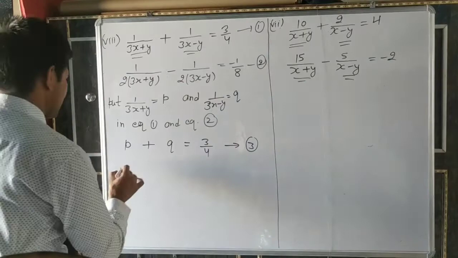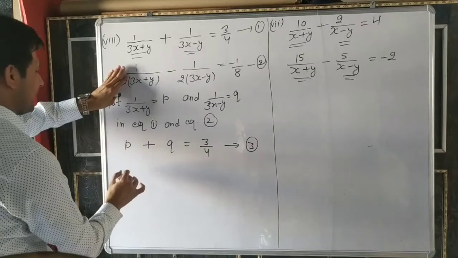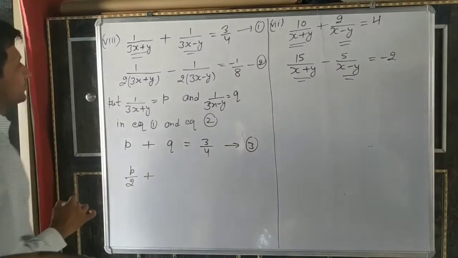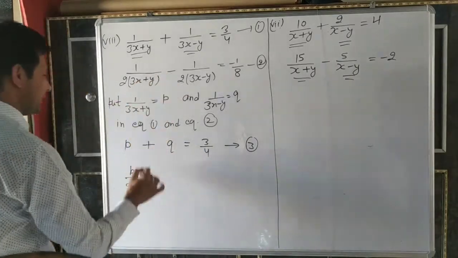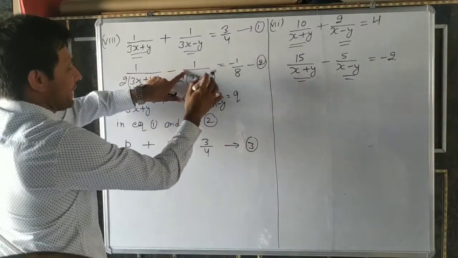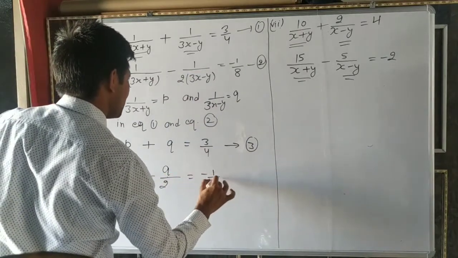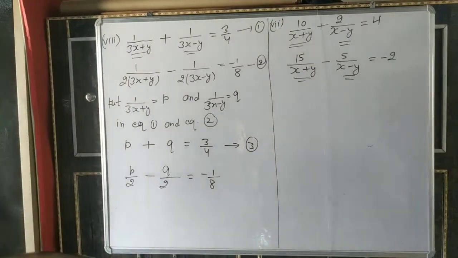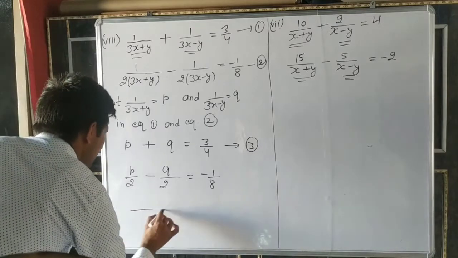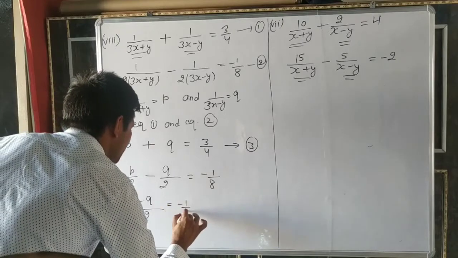Next, it is 1 upon 2 of 1 upon 3x plus y, p, minus 1 upon 2 of 1 upon 3x minus y, q, equal to minus 1 upon 8. Understand? You can solve it by taking LCM. So what is the LCM? LCM is 2. So p minus q equal to minus 1 by 4.